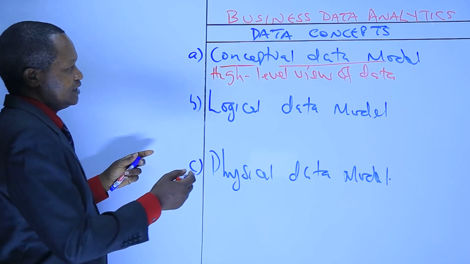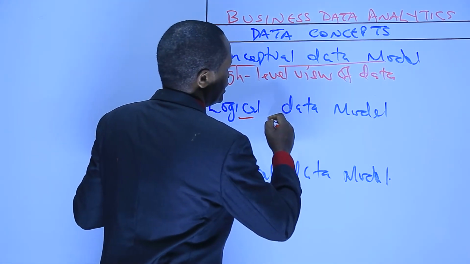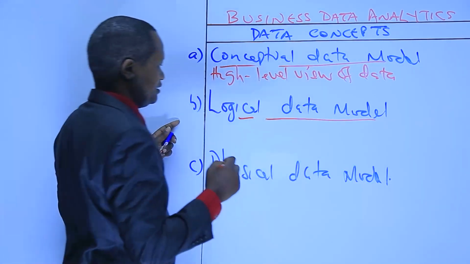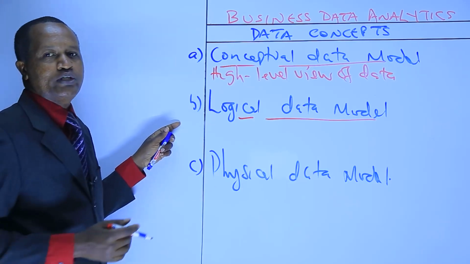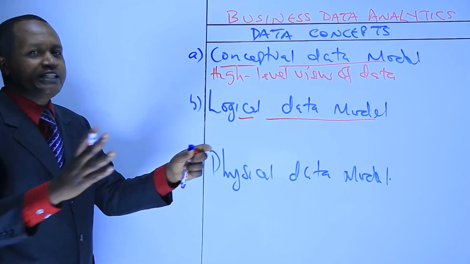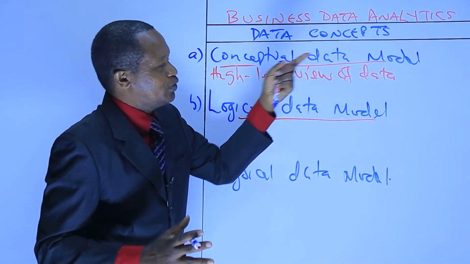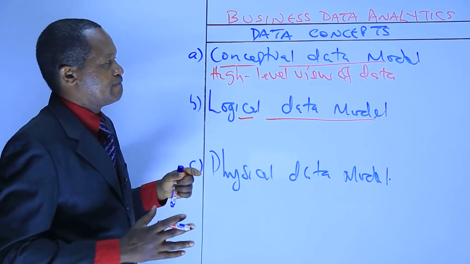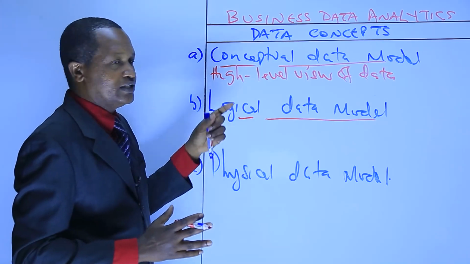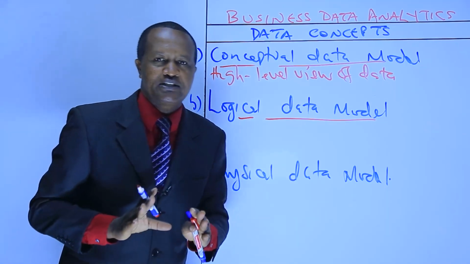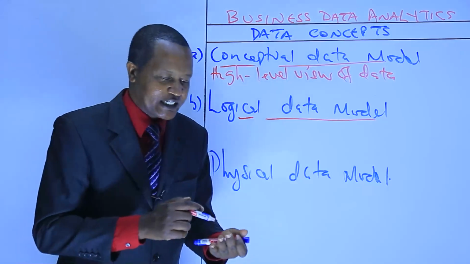Then we have the logical data model. Logical data model is a more detailed representation of the conceptual data model. Here, remember, we said the conceptual model does not get into the technical details.